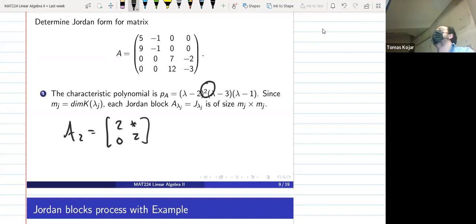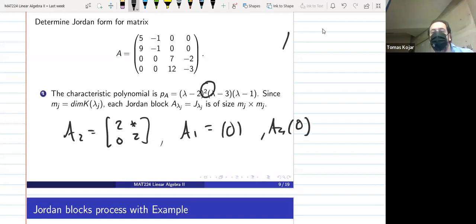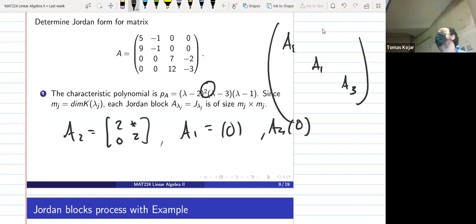And here we haven't decided yet, because it could be diagonal. You could have 2 eigenvectors, or it could be non-diagonal. So you have to put a 1. So this is still open. And A1 is 0, and A3 is 0. So you will have A2, A1, and A3.